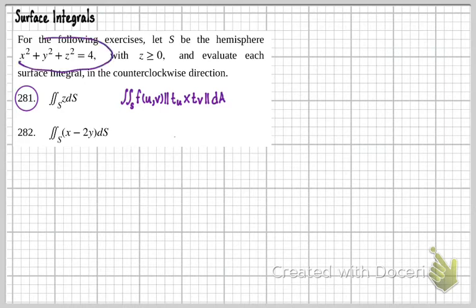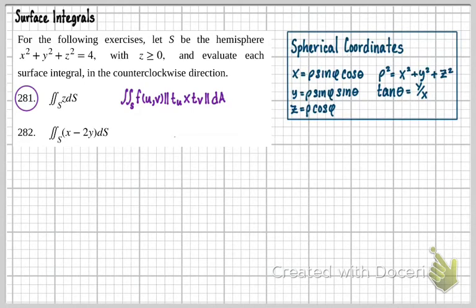So when I look at x squared plus y squared plus z squared equals 4, I really see x squared plus y squared plus z squared equals 2 squared, which is a sphere of radius 2. So right away my mind goes to spherical coordinates. If you can think of what those equations are, we get x equals rho sine phi cos theta, y equals rho sine phi sine theta, and z equals rho cos phi, and then rho squared equals x squared plus y squared plus z squared.